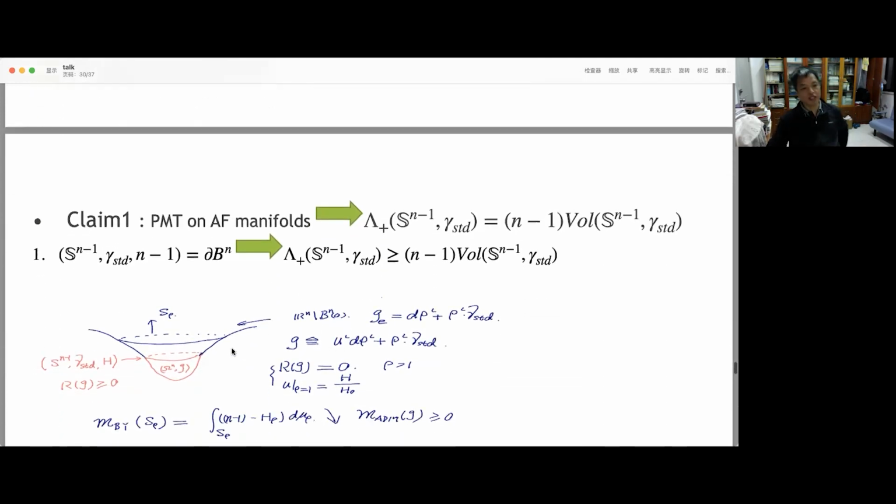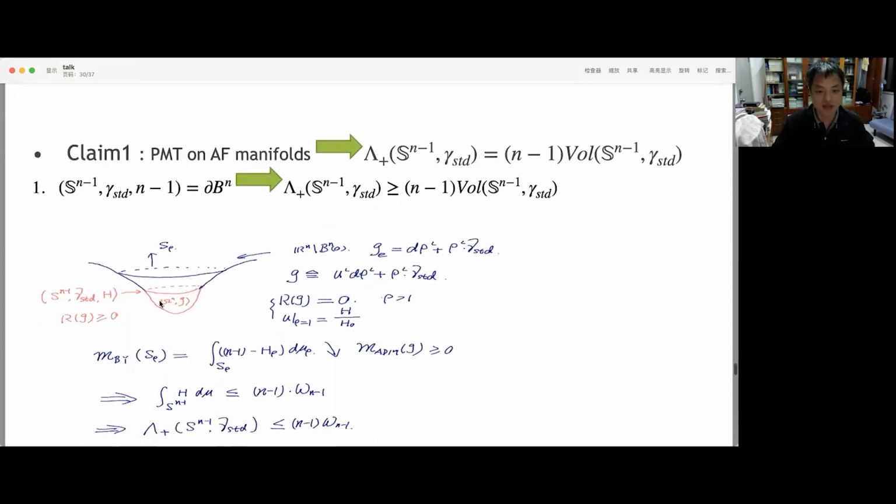Now let me show you that if the positive mass theorem is true on asymptotically flat manifolds, it would imply these inequalities. First, we know that the unit ball is a trivial filling of this, so we get these ones. And next, we can construct a quasi-spherical metric on the outside, on Euclidean space outside the unit ball, and we get these ones.